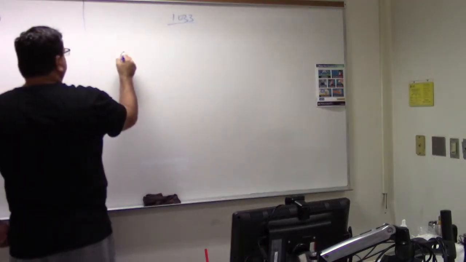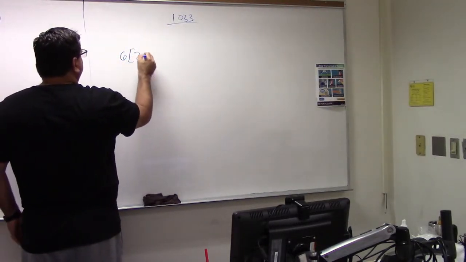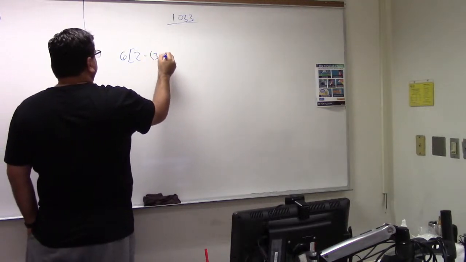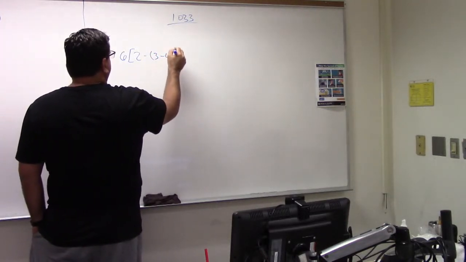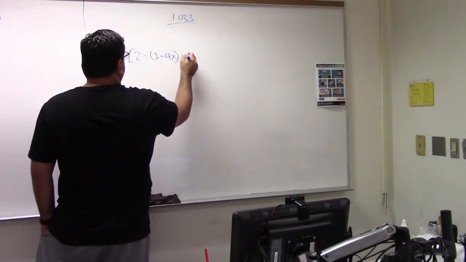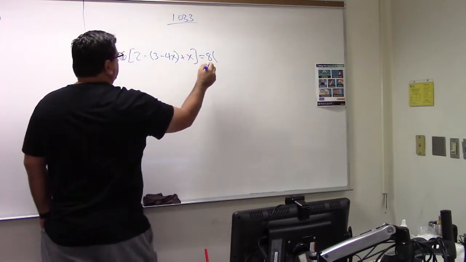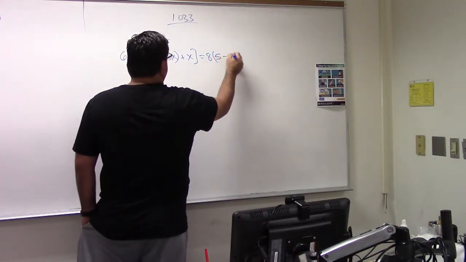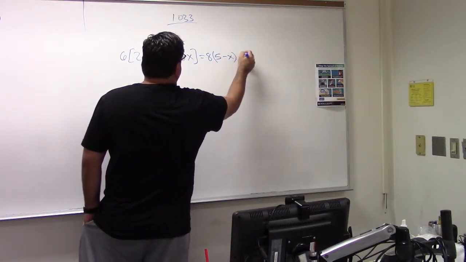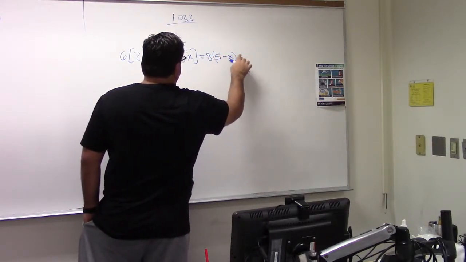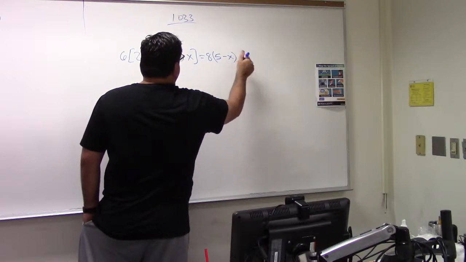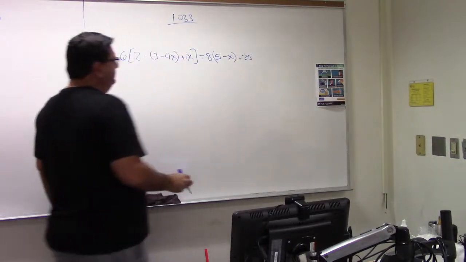All right, so let's go 6 bracket 2 minus 3 minus 4x plus x equals 8, 5 minus x plus minus 25.